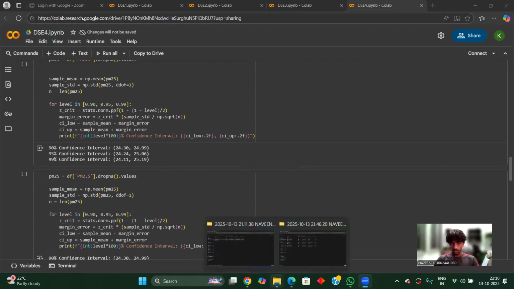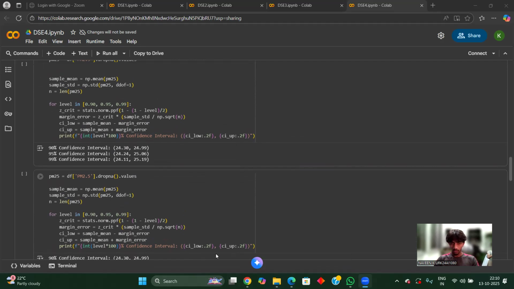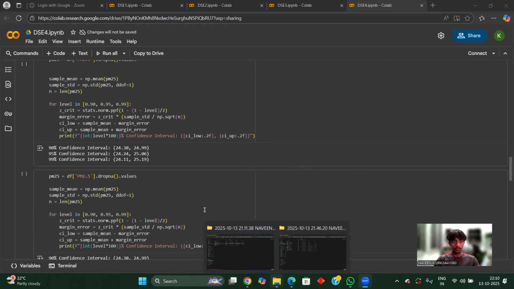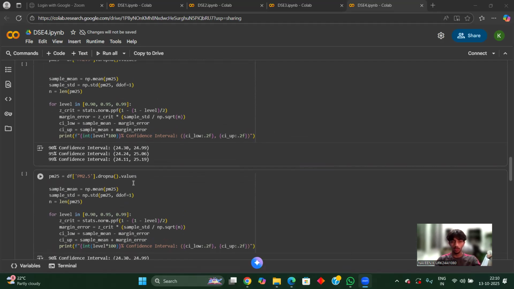Margin of error is calculated and the confidence interval is derived. This shows the range in which the true population mean is likely to fall. Confidence intervals provide more insight than the single mean value, giving a measure of uncertainty.